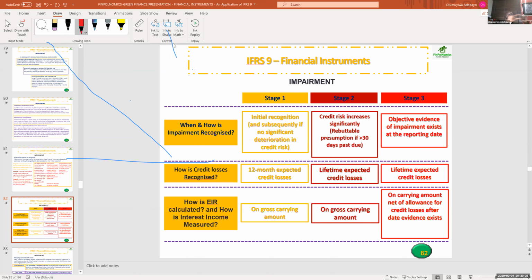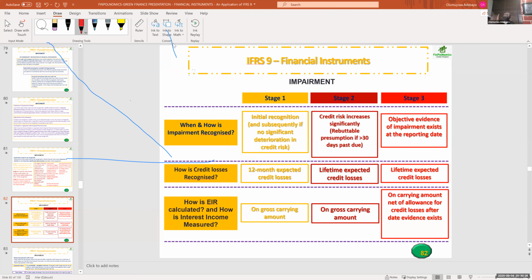How many of them belong to stage 1? How many belong to stage 2? And how many belong to stage 3? Now, at the first point of initial recognition of financial assets, that is when you group them into those stages. And that is when you carry out the first impairment assessment at origination, which means you book an allowance for credit loss upon initial recognition.